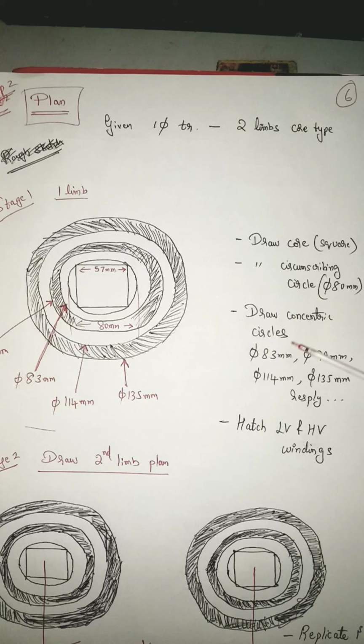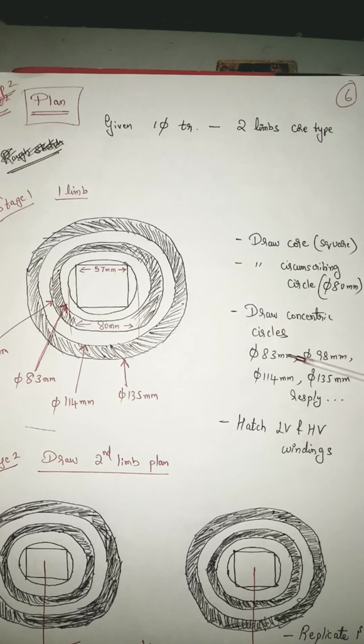So in the problem they have given diameter 83 mm, that is the inner dia of LV winding. So you'll be drawing a circle of diameter 83 mm, what I am showing here, it is the inner diameter of LV winding. Next 98 mm, which is outer diameter of LV winding. Then 114 mm, this circle which is inner dia of HV winding, and 135 mm, it is the outer diameter of HV winding.